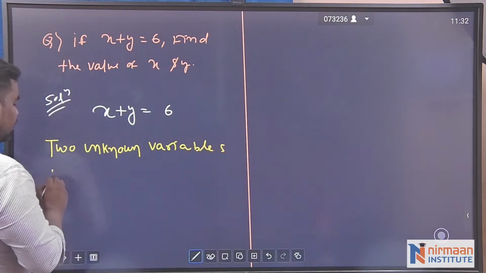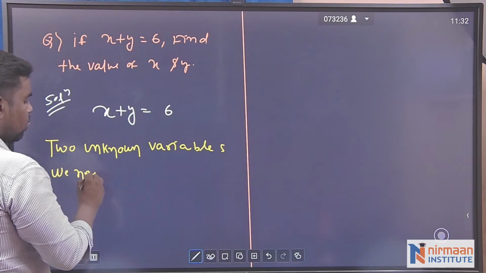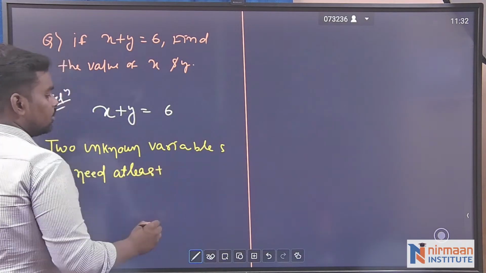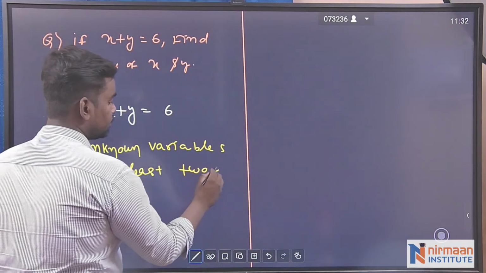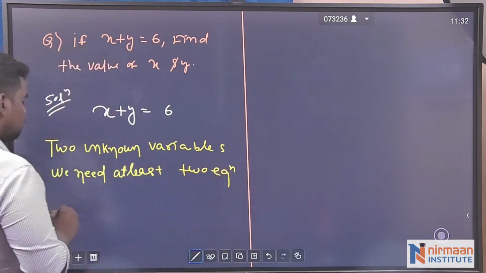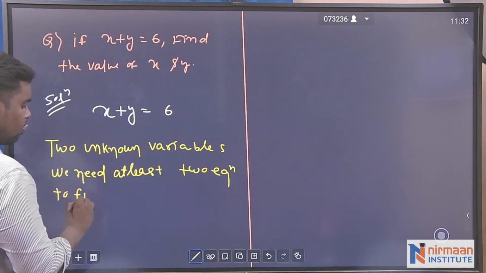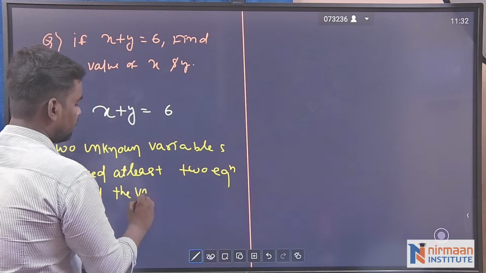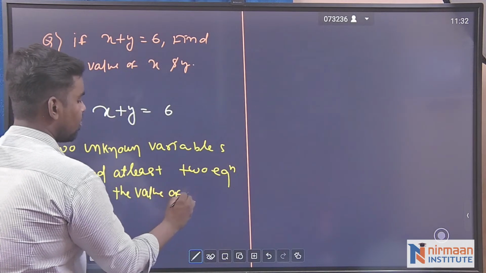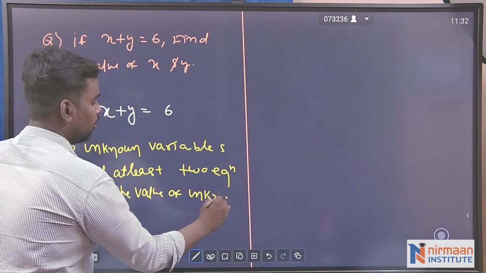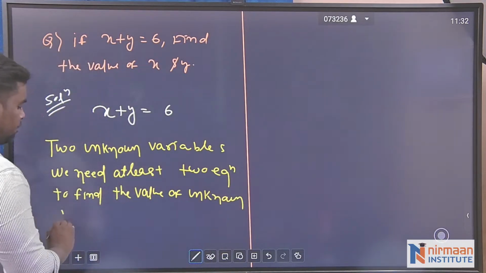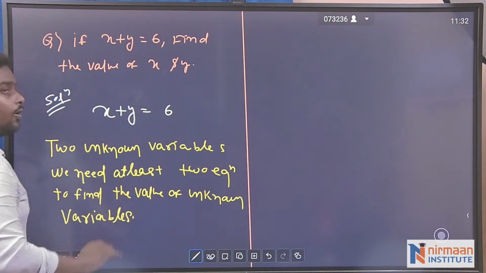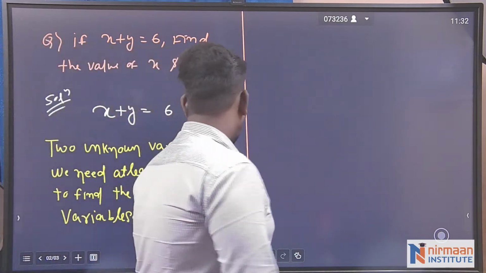So we need at least two equations to find the value of the unknown variables, right? We actually need two equations.